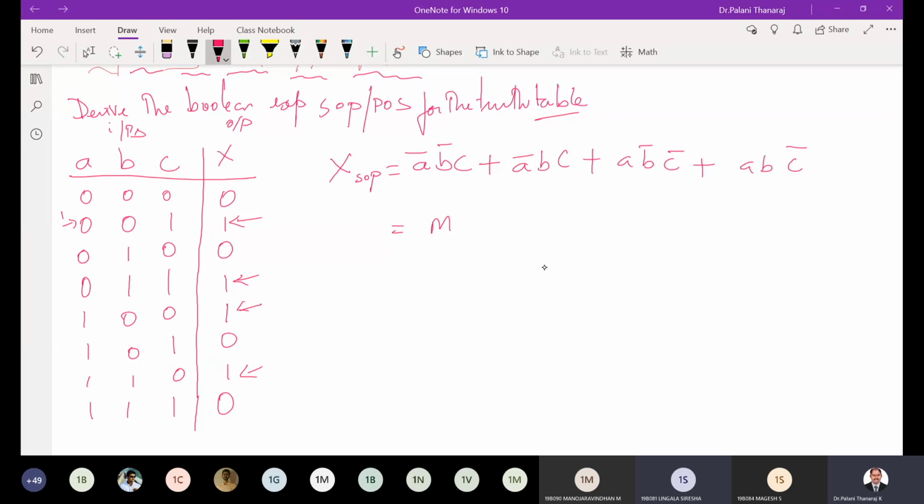So it is going to be M1 plus M3, then M4, then M6. Okay, good, you got it correct. Very good. Other students also got it.